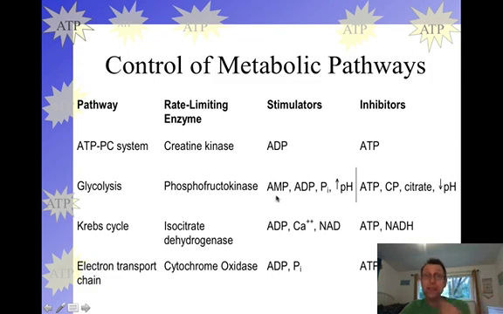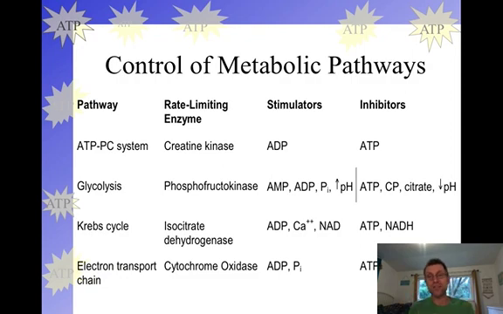That will also stimulate metabolism. But ADP is that universal signal. If there's ADP around, that means we need to regenerate ATP, and that's going to turn on metabolism. If the purpose of metabolism ultimately is to just regenerate ATP so we get to that homeostatic place, then ADP must be that universal stimulator, and it is.